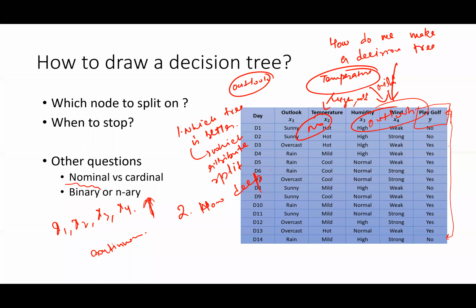So to answer these 2 questions specifically, which node to split on and how deep to go, we want to take help from a field of mathematics and computer science called information theory.